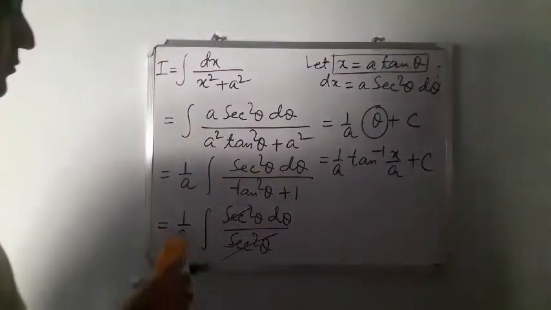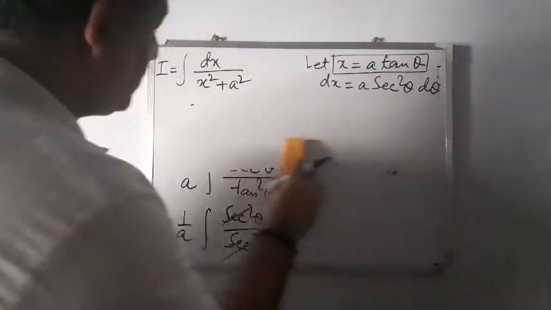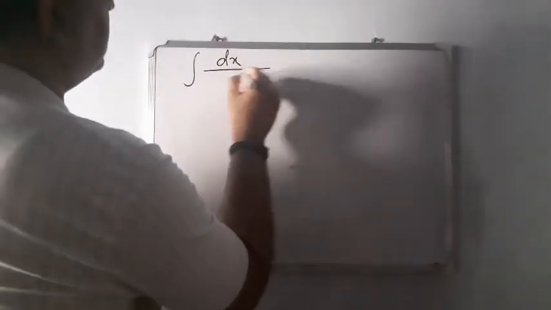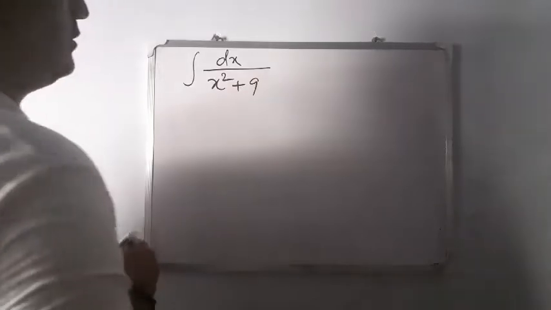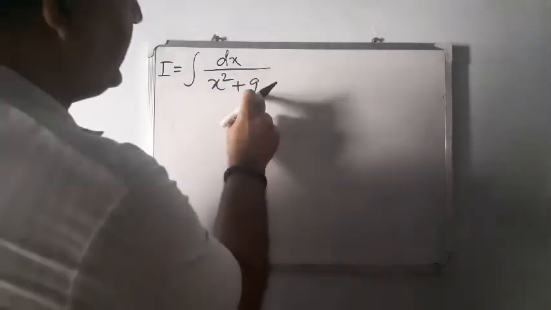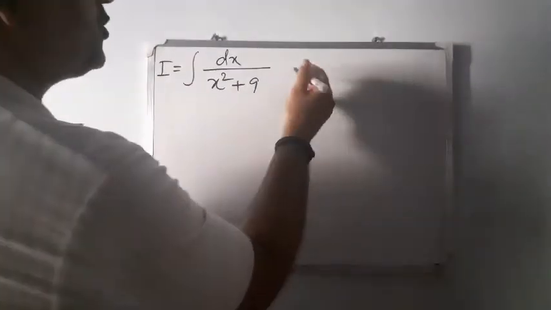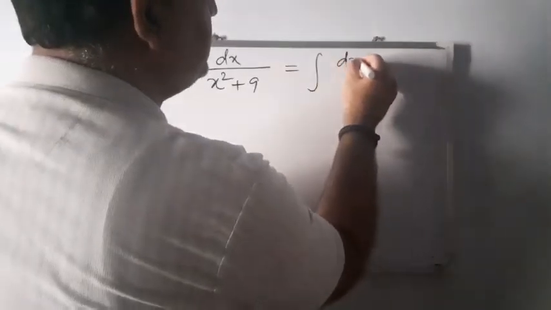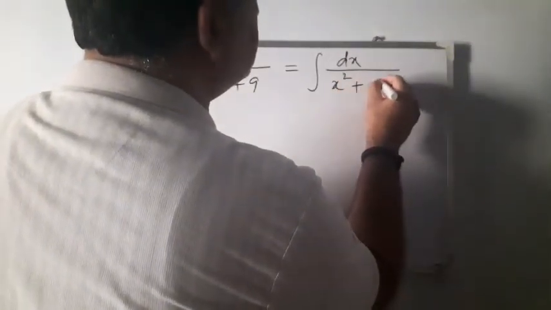Now, boys, let us start a few problems, to be solved using these 6 formulae. Say we have a problem as integral dx by x square plus 9. Now try to solve this integral. We have to think that instead of x we have x, and instead of a square we have 9. So we can reduce this as integral dx by x square plus 3 square.